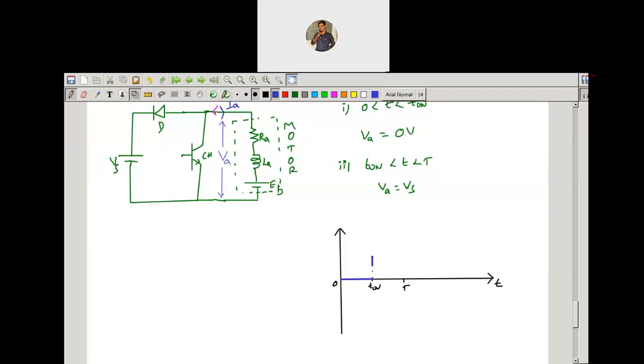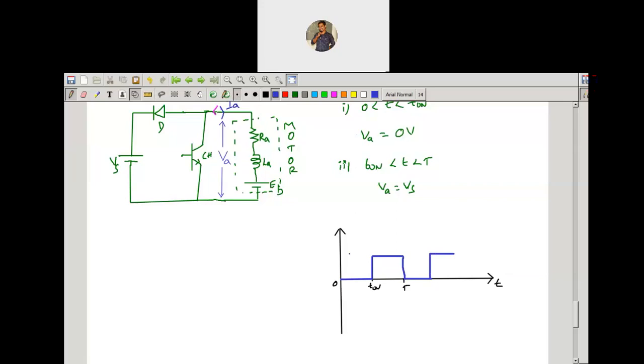Now during T on to T, we observed the armature voltage equals to what? It simply equals to the Vs. And again it will be repeated. And this blue color is what?